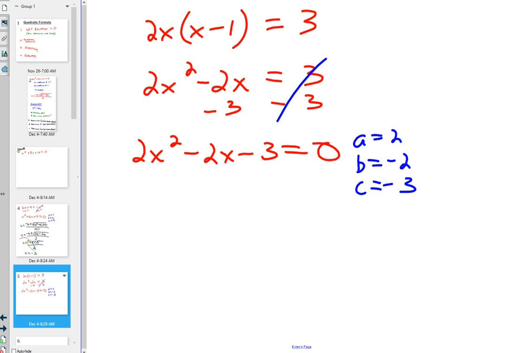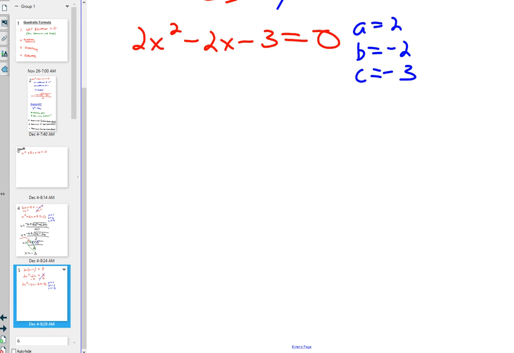Pay close attention here. After I write x is equal to, I'm supposed to write -b, but now b is -2. So it's going to be positive, plus or minus the square root of.